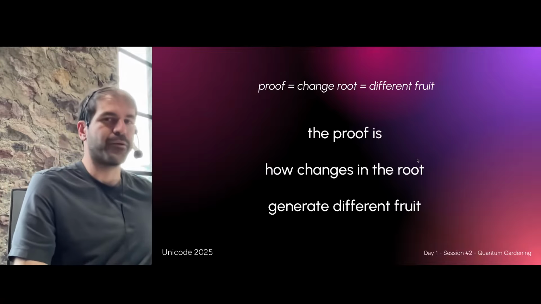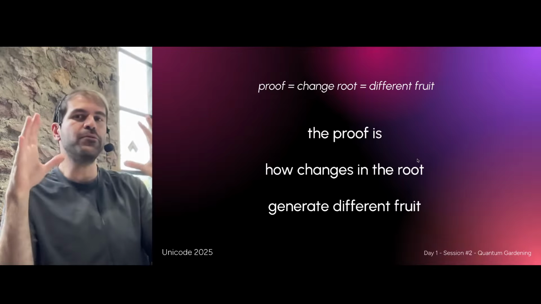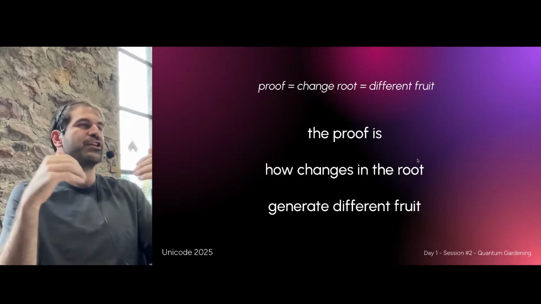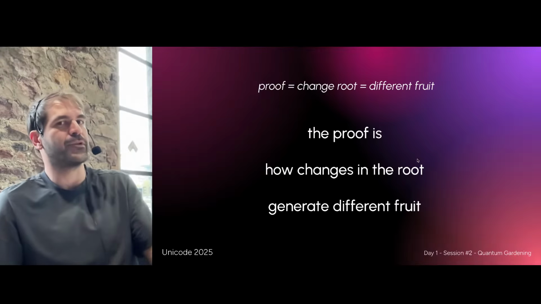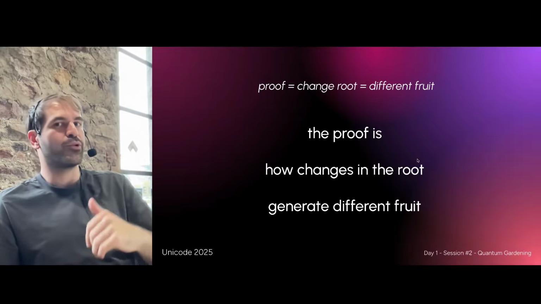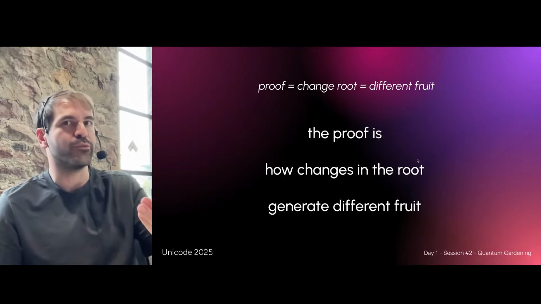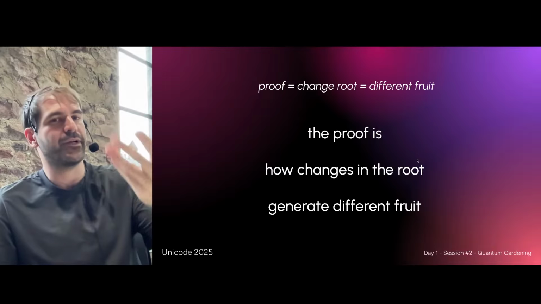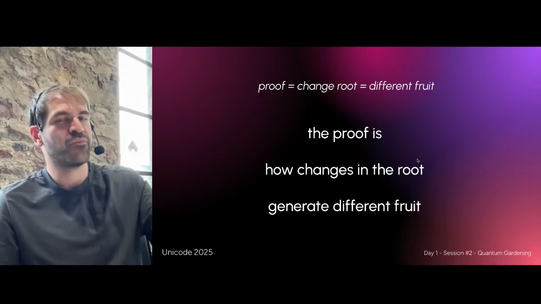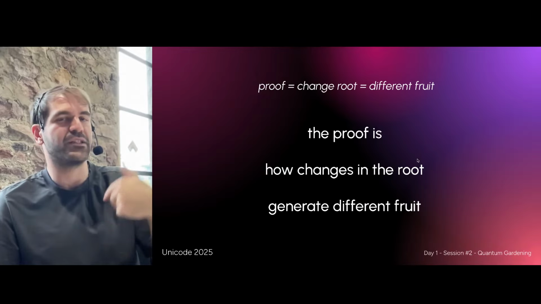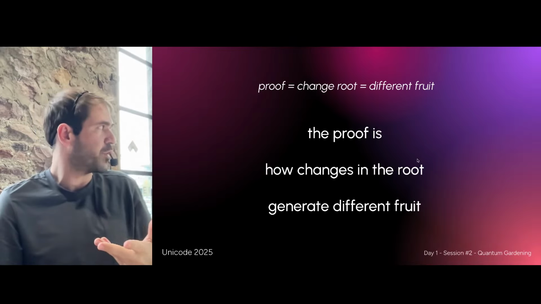So now we're wrapping up. So proof is in changing the root and getting different fruit. We're about to enter into session 3 on consciousness is the root, and session 4, which is shamanism is recoding.